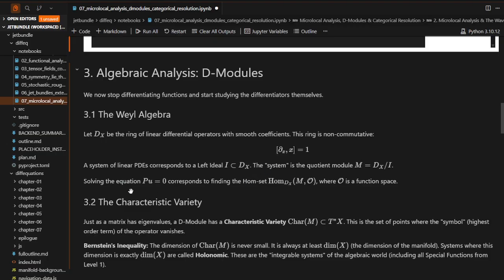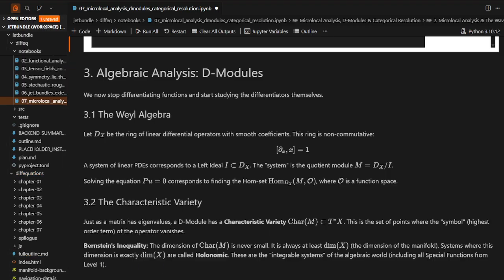All right. And when solving the equation P acting on U equals 0, okay, this corresponds then to finding the Hom set, the set of homomorphisms defined by linear differential operators, of M comma O, where O is the function space itself.